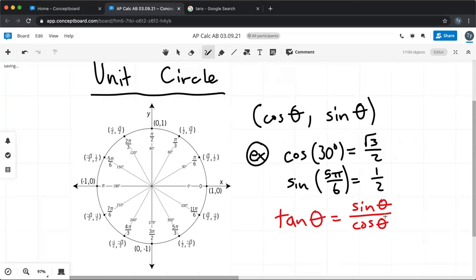This is a really useful trig identity. It's one of the most used ones, I think, for our purposes in AP Calc. So let's find the tangent of 4 pi over 3.